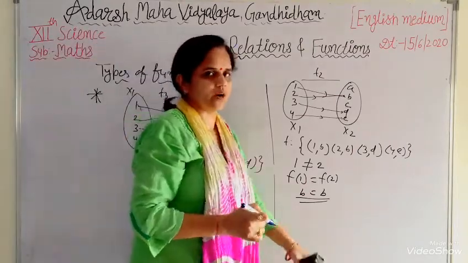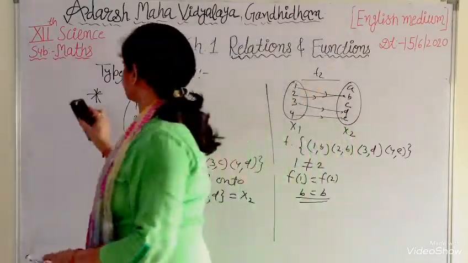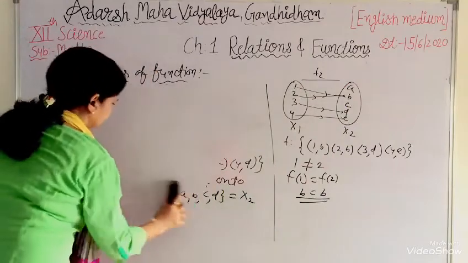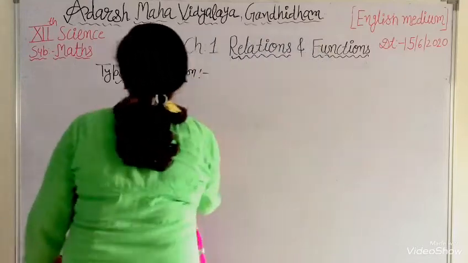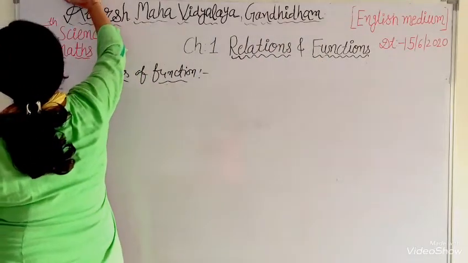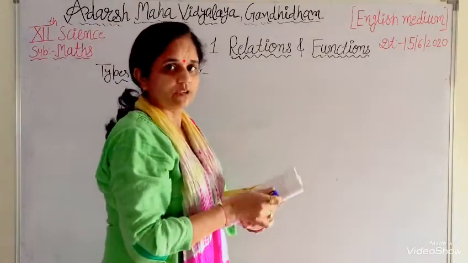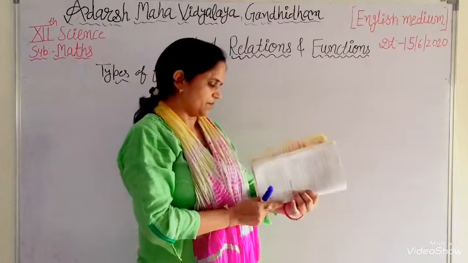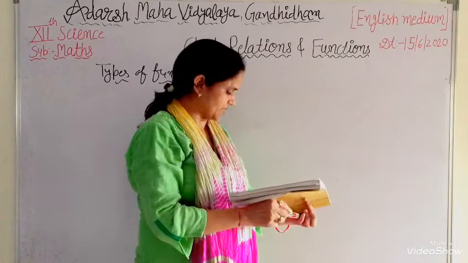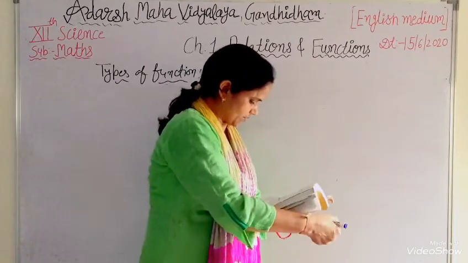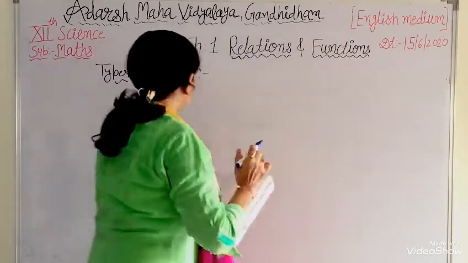Okay students. Now let's start exercise 1.2. You also open your textbook, students. 1.2, question number 1 is: show that the function f from R0 to R0 defined by fx is equal to 1 by x.